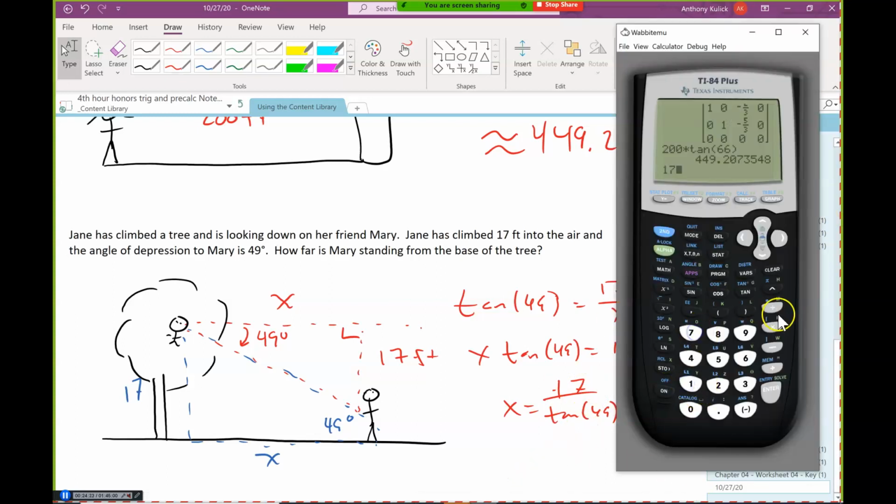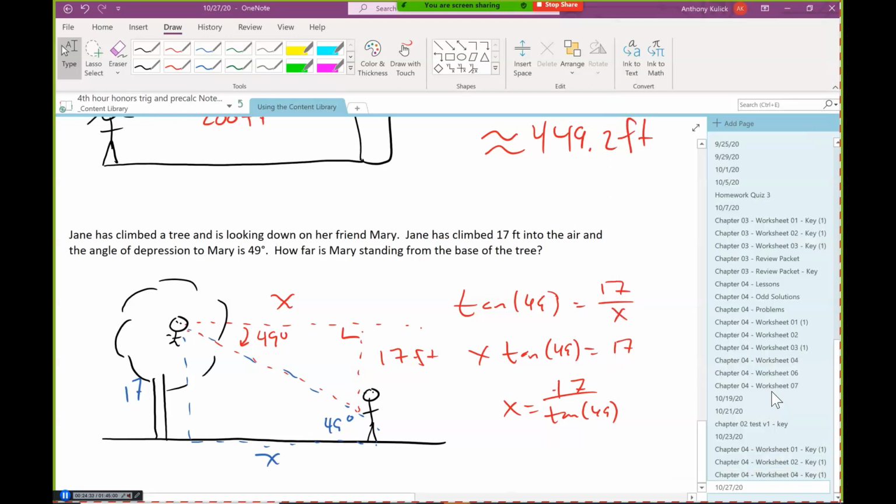And that should be about 14.7. You know how we can tell we want to be in degrees? In the problem, the angle measure is given to us in degrees. So it's told us in the problem that you should be in degree mode. Is that okay with everybody?